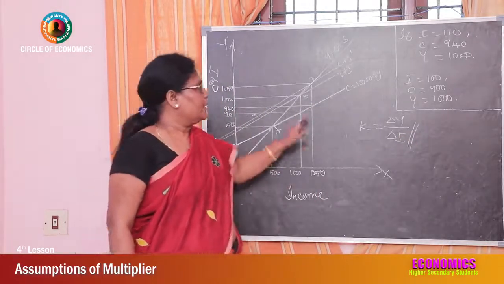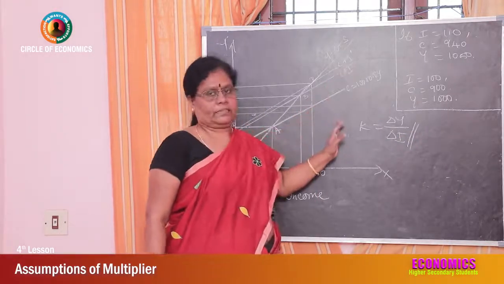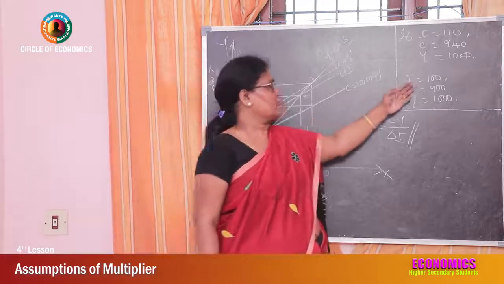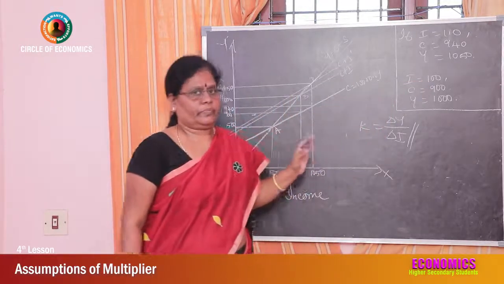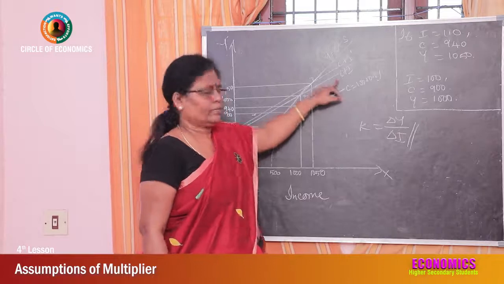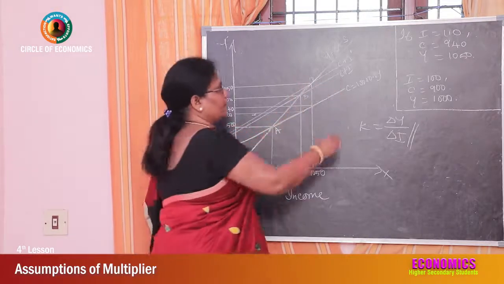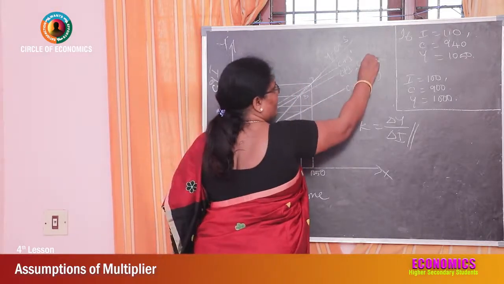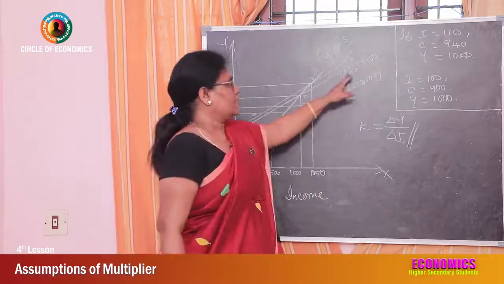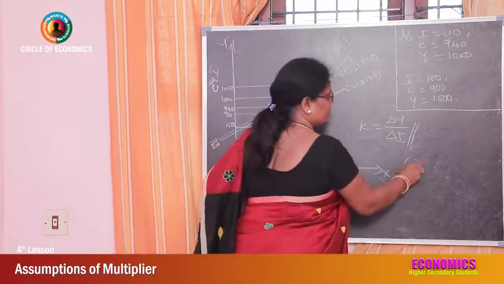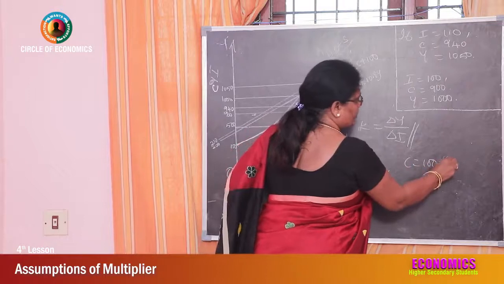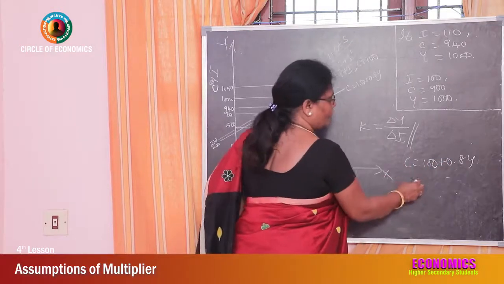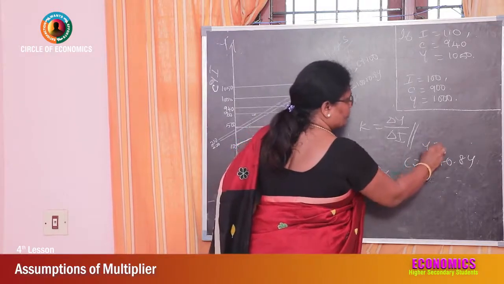That is when investment increases to 100 crores, that is C plus I, that is nothing but C plus 100. What is C? C is equal to 100 plus 0.8y. Now what we are adding? Y is equal to C plus I.